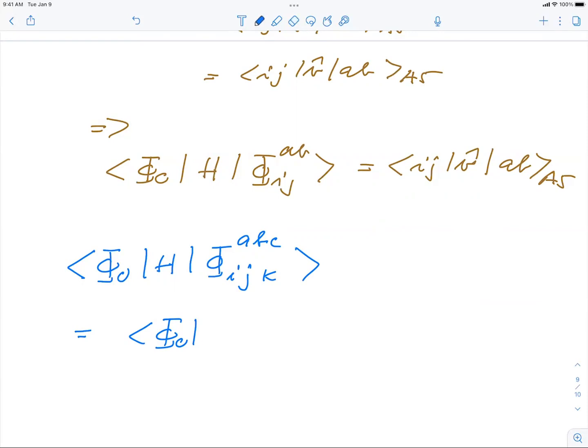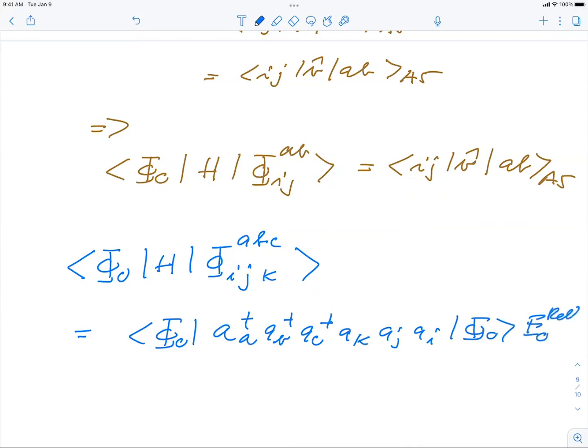So I'm going to have an operator which goes like A of A, A of B, A of C, and then I have A K, A J, A I acting on this phi 0 or the vacuum state, multiplied with E0 ref. And we see this is automatically 0 because this is another state, so this has to be 0.